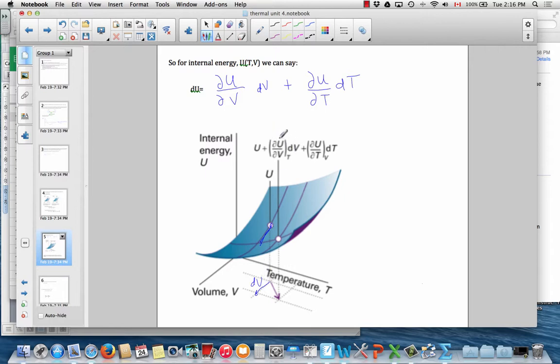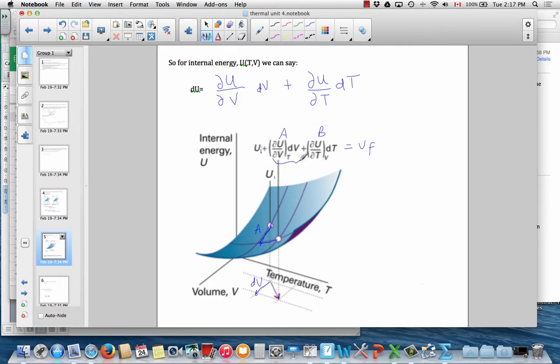So here, if we call this A, then this is A right here. That's the change of internal energy along a line of constant volume. And then here is the slope, partial u with respect to T in this direction on the surface, times dT. And so you end up at the final internal energy, and this then will be delta U. So I guess this is U initial, we could call it.